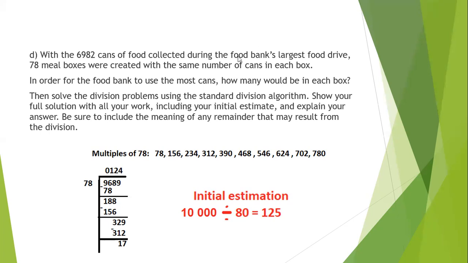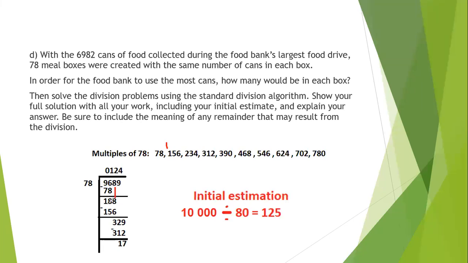So I have to divide 6,982 by 78 meals. When I divide, 9 is not divisible, so regroup, 96. When I divide it by 78 it equals 1. I can find it here, so only one multiple before 96. And then subtract, equals 18.